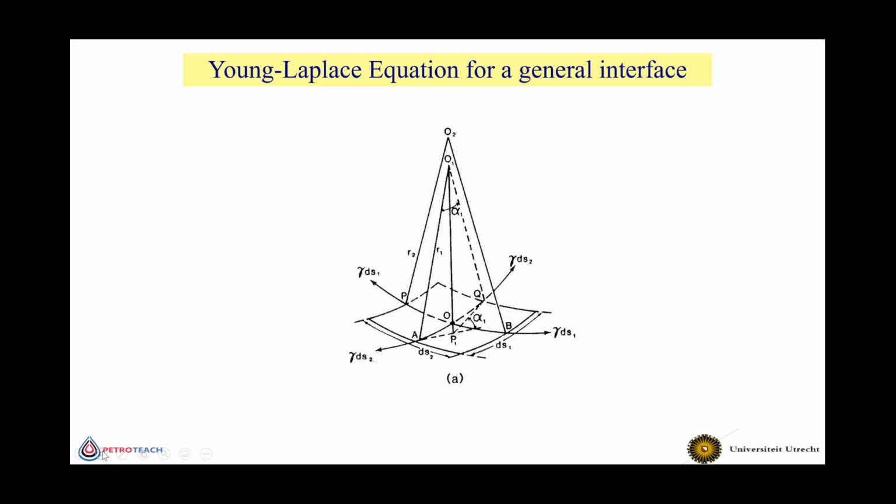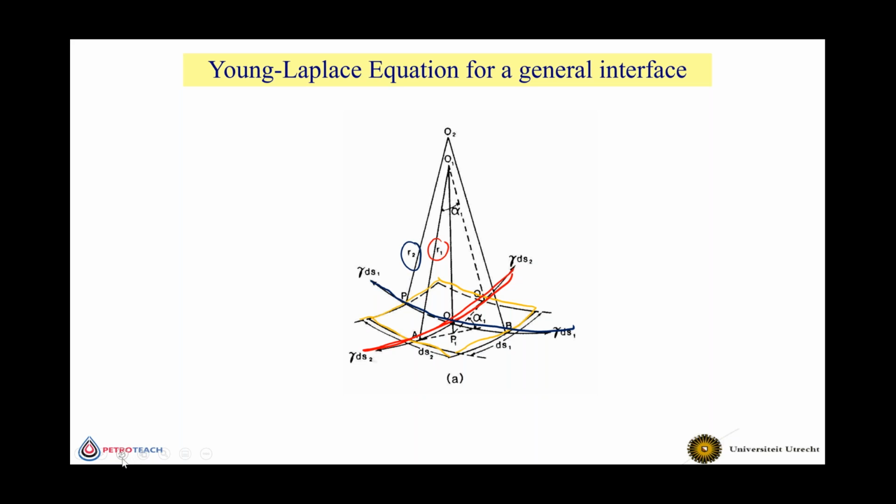Okay, but we can write the balance of forces for a piece of interface. This interface can have, in general, two curvatures, because you can have a curvature in this direction, and you can have a curvature in this other direction. So you have this radius R1, and the curvature in the other direction has radius R2.